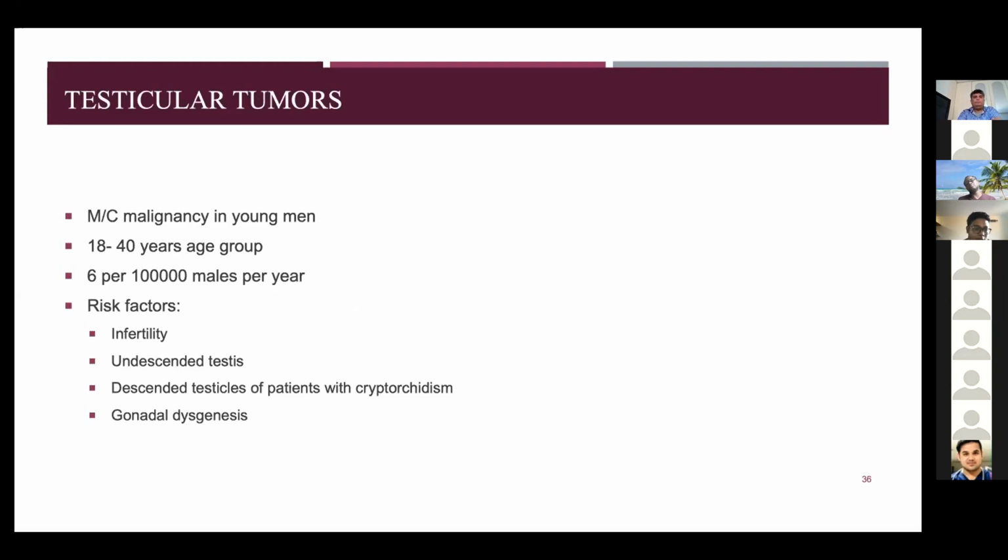So we're coming to testicular tumors. It is the most common malignancy in young men, usually affecting the 18 to 40 years age group. The incidence is around 6 per 100,000 males per year. The risk factors include infertility, undescended testes, descended testicles of patients with cryptorchidism, and gonadal dysgenesis as well.